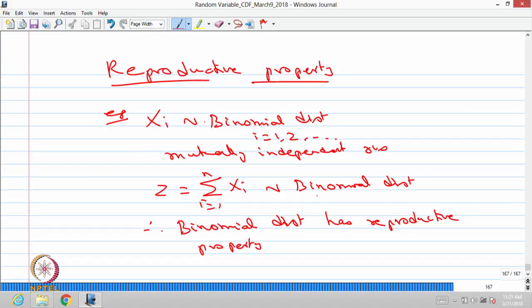Similarly, one can say the Poisson distribution also has a reproductive property, whereas the Bernoulli distribution does not, because if you have Bernoulli distributed random variables, all mutually independent, and you sum n such random variables, then that is going to be a binomial distribution, no more Bernoulli distribution. Therefore, the Bernoulli distribution does not have a reproductive property.